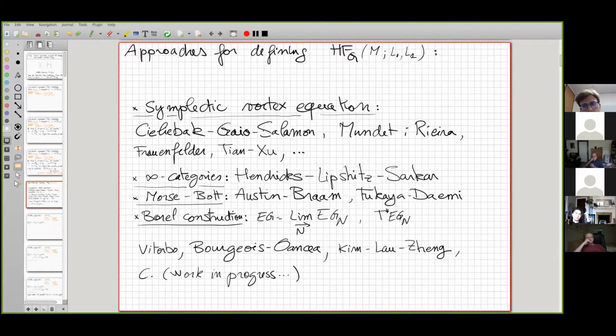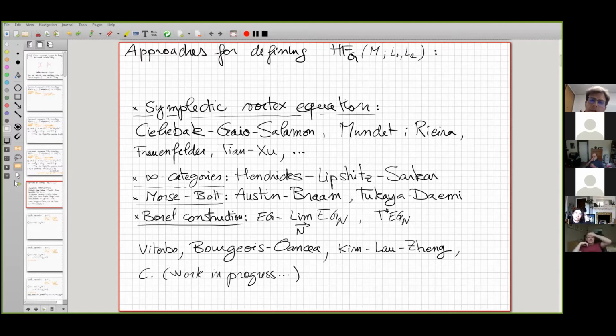There's another approach that uses infinity categories. That's due to Hendricks, Lipshitz, and Sarkar. Also an ongoing project of Fukaya and Daemi, who try to prove the Atiyah-Floer conjecture. And they're using some Morse-Bott theory and an adaptation of a construction by Austin and Braam.